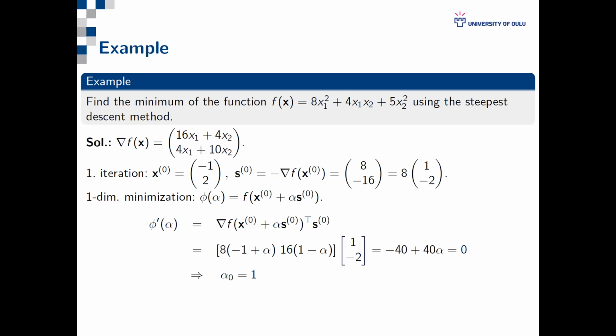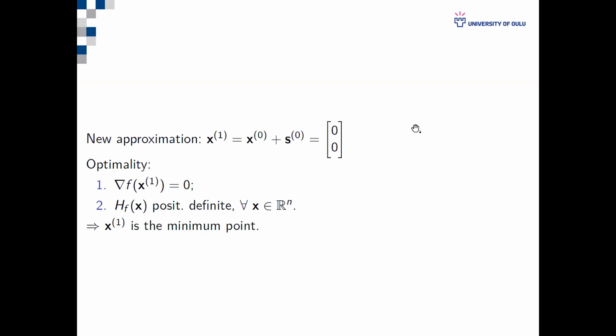So this one goes to 0 when alpha equals 1. It means that -1 plus S0 is the new approximation. And it gives directly the point with 0 coordinates.